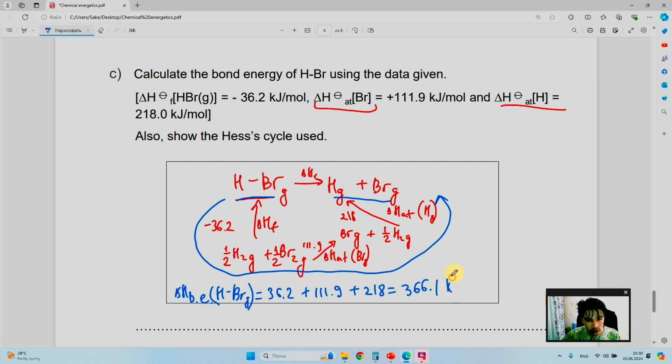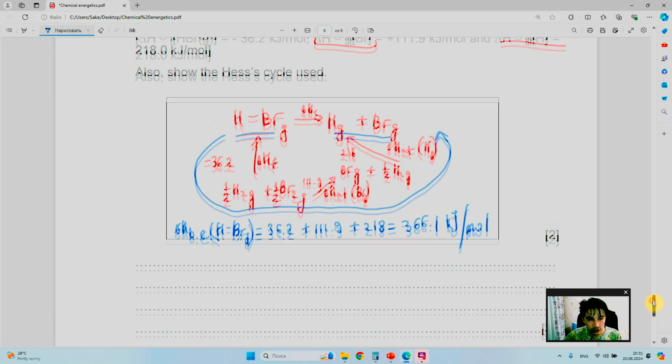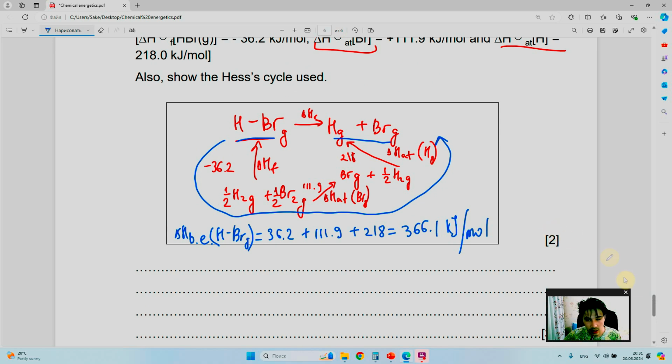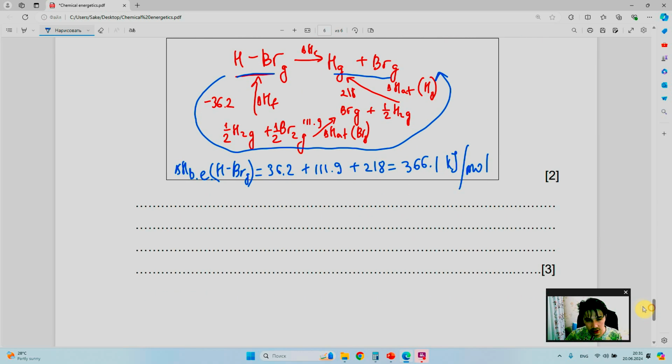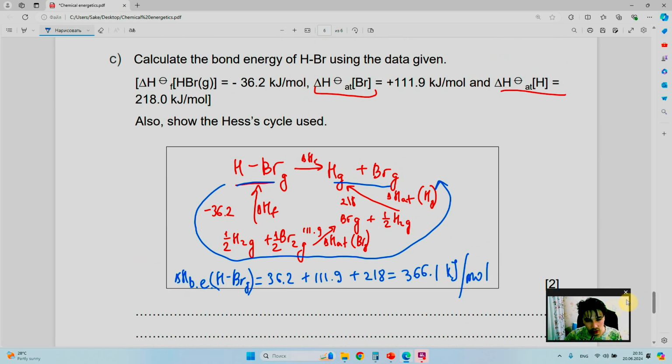366.1 kilojoules per mole. So this gives you 2 marks for construction, for making a cycle, and 3 marks for calculations with the answer. We can ensure we have a correct value just by looking at the equation.